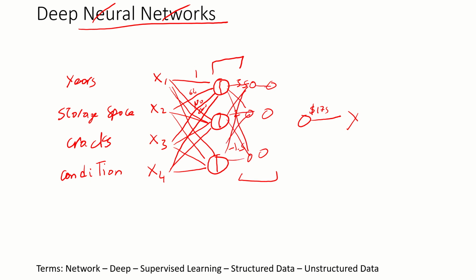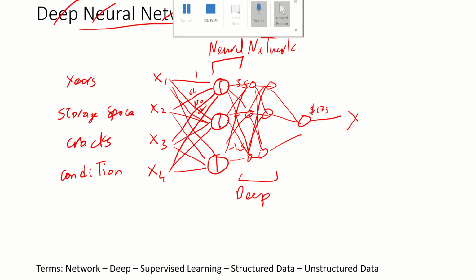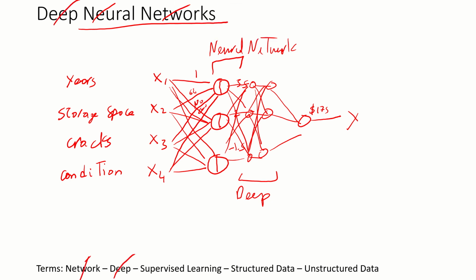I guess it's messy, but I think you get the point. A layer here of neurons becomes the deep part. So what we're looking at now is a deep neural network, which is a group of stacked neurons connected together between the input and the output.